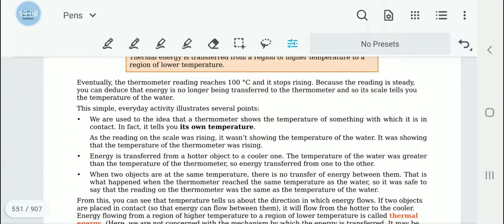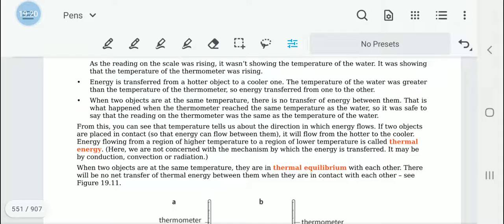The opposite will happen if it is placed in a cold liquid. This shows that energy is flowing from a region of higher temperature to a region of lower temperature.